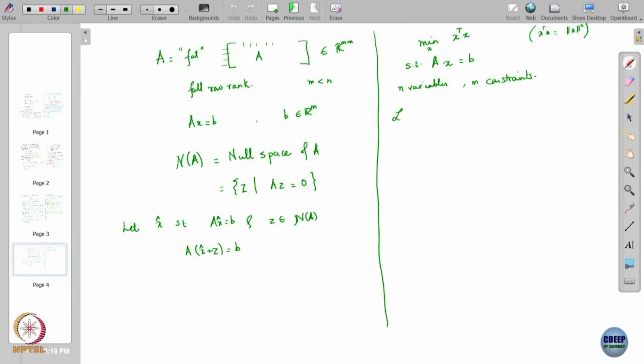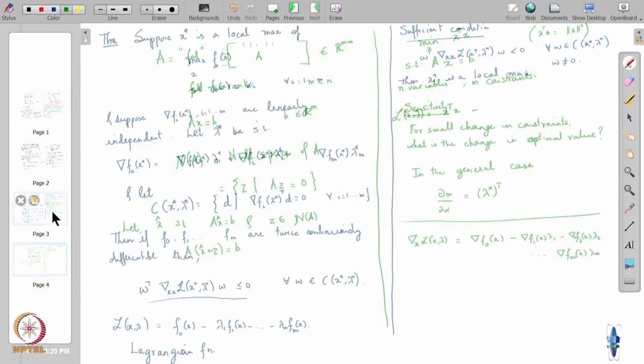Okay. So, let us write the Lagrangian. What would be the Lagrangian? I have my objective, x transpose x, and minus, now I need to write, so I can go back here if you like.